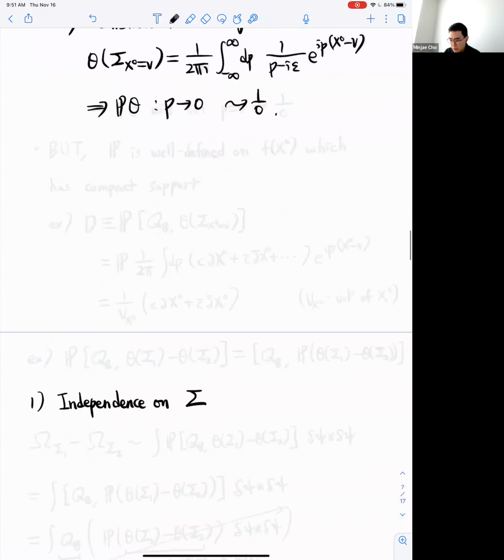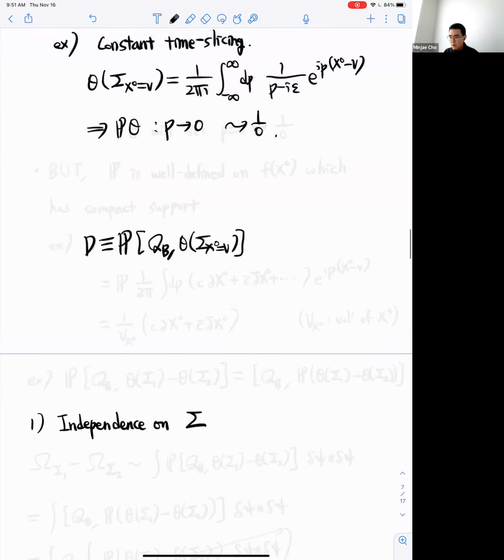Let me actually discuss it now. Let's give it some label. We are going to call it D. So D stands for the weight 0 projection of the QB commutator with this constant time slicing. And we know how to take the BRST charge on operators of exponential type.